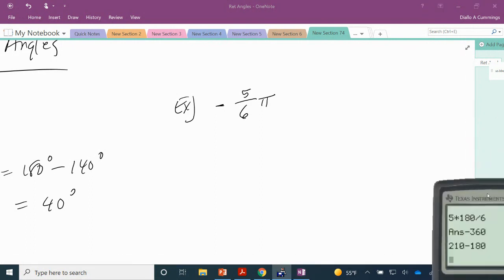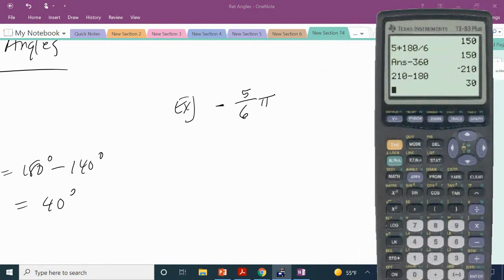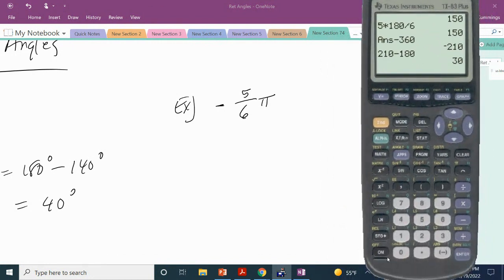So we talked earlier that in order to quickly convert from radian to degree, we can treat pi as 180 degrees. So I'm just going to clear out things here. On my calculator, I'm going to put this in as negative 5 times pi, which is 180 degrees, divided by 6, and we have negative 150 degrees.